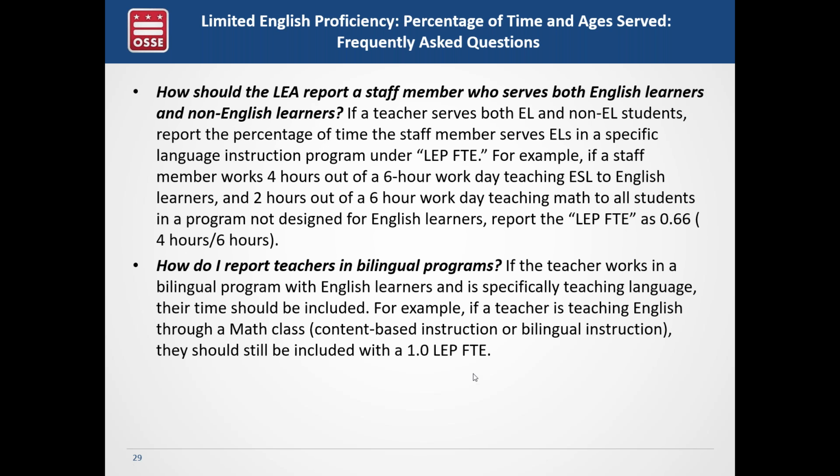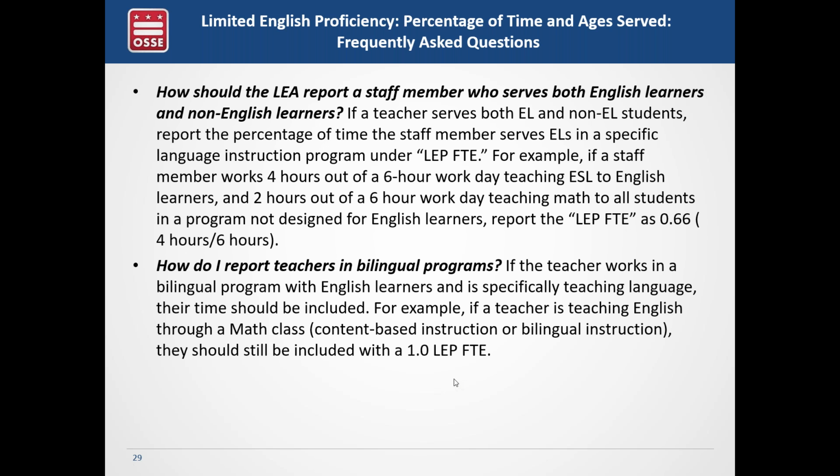Yeah, so the question came in and said that they have a teacher who's part-time social studies and was part-time a special education teacher last year, so that teacher had 2 roles, but currently that teacher only teaches social studies, how should they indicate that?